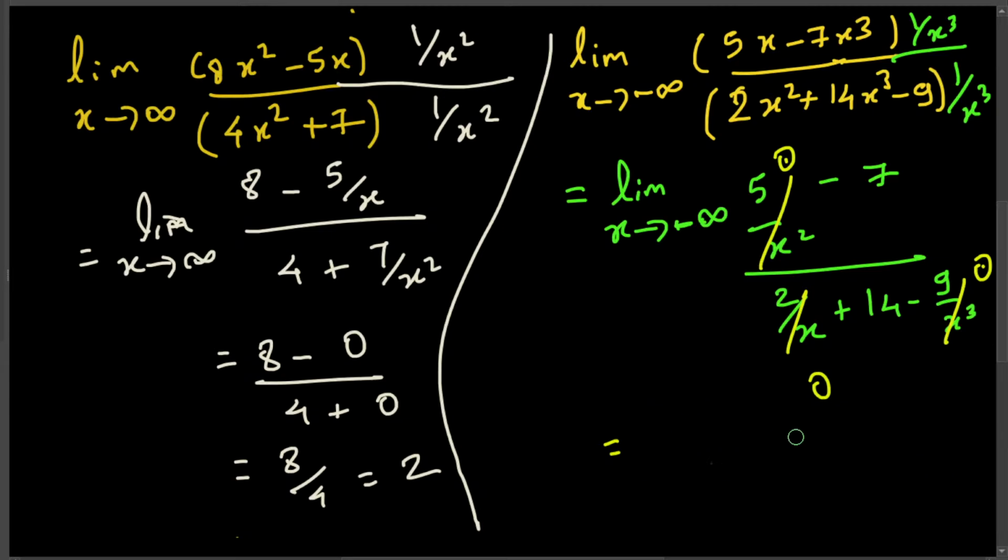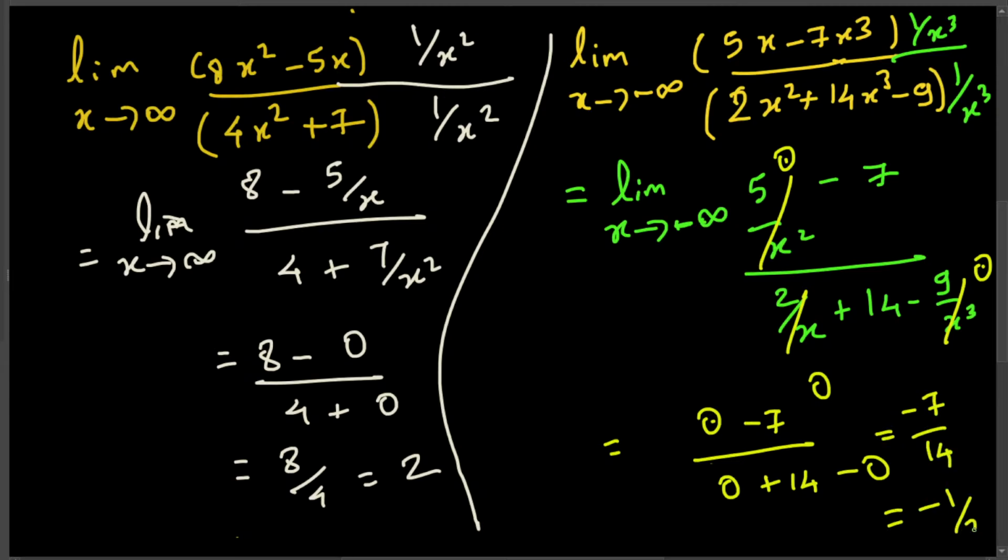So here it is going to be just 0 minus 7 divided by 0 plus 14 minus 0. That's negative 7 over 14, and that's negative 1 over 2. And that's our final answer.